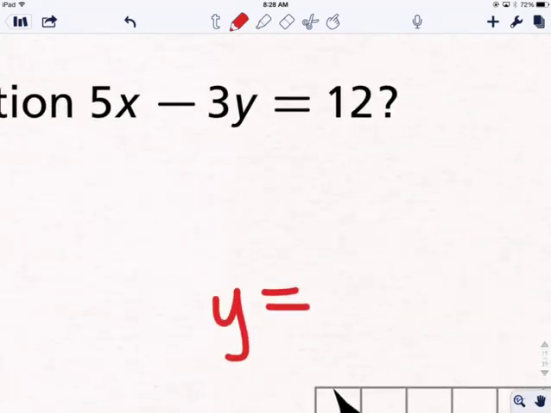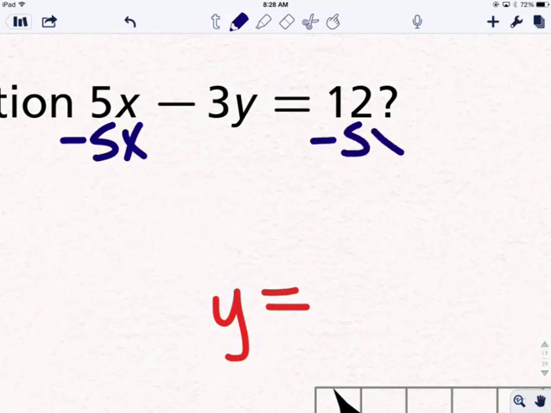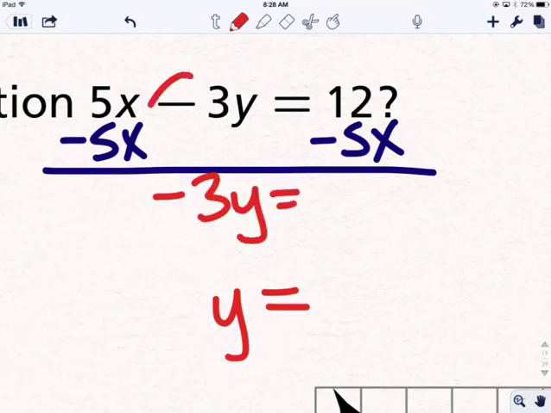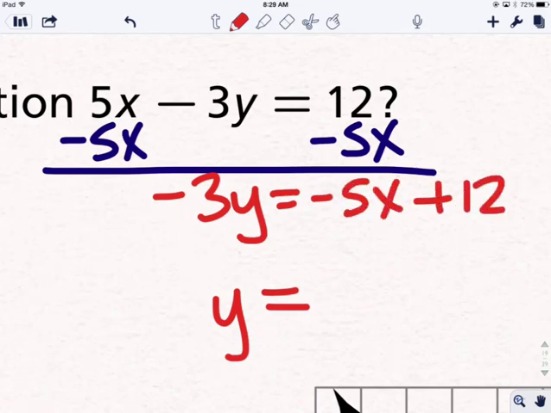So, in order to get this equation to say y equals, first thing, we need to move the 5x over to the right side. We do that by subtracting 5x. So negative 3y, remember, do not lose that negative sign, is equal to negative 5x plus 12. And then finally we divide by negative 3.